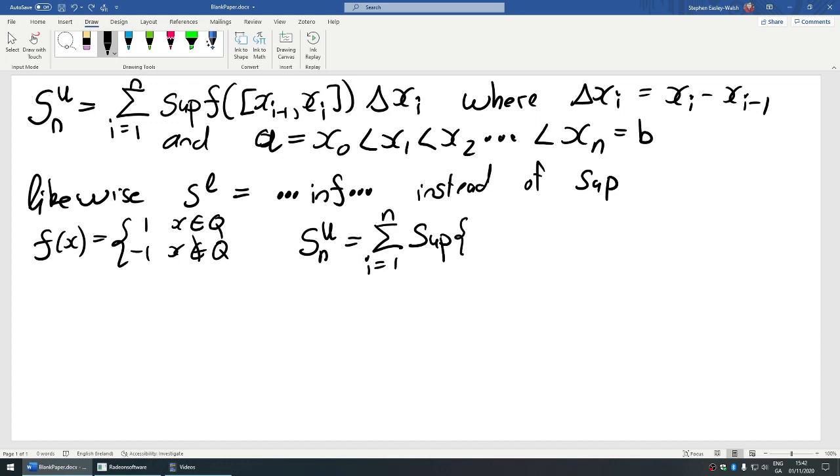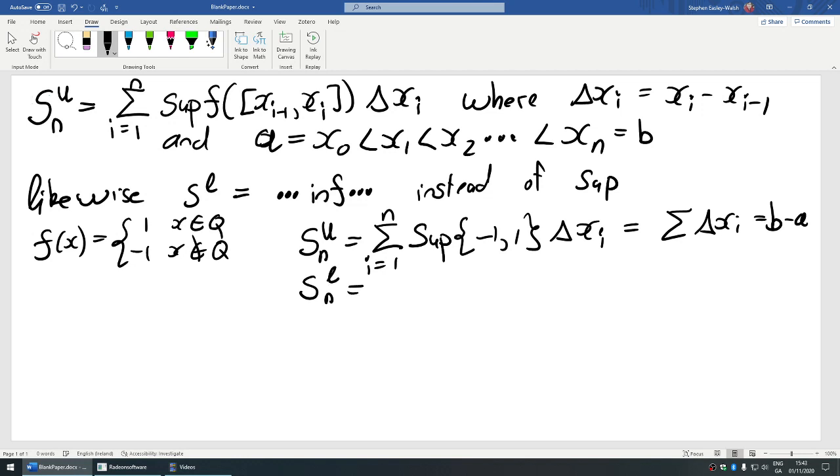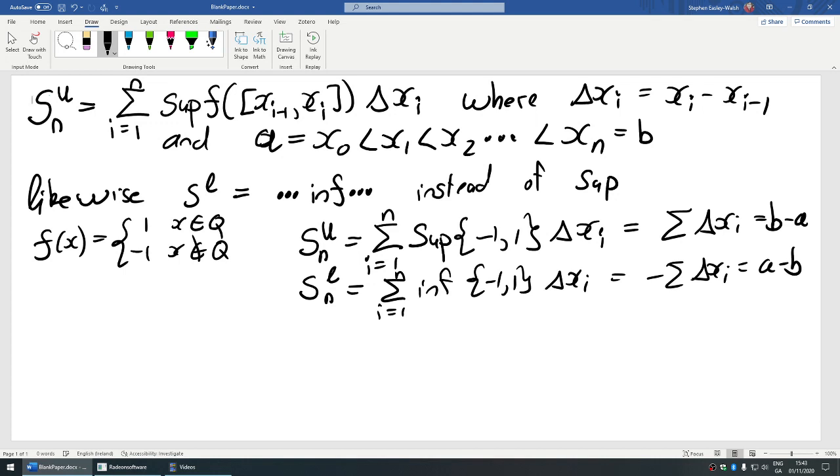So it's the sup of the set {-1, 1} times delta x_i, and that will just equal the sum of delta x_i, which will be b minus a. Likewise, S_n lower will be the same thing, sum from 1 to n, inf this time of {-1, 1} times delta x_i, which will equal minus the sum of delta x_i, which will equal a minus b.